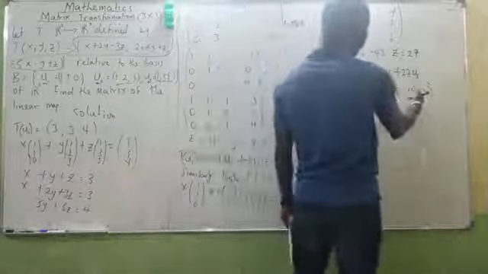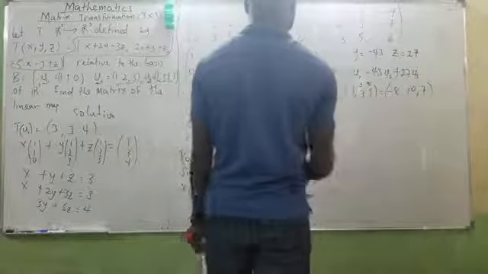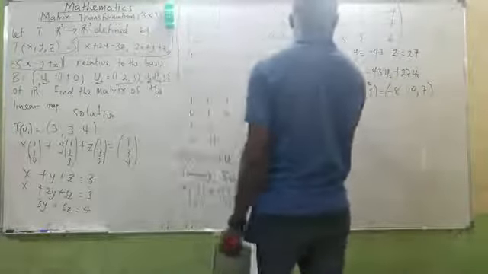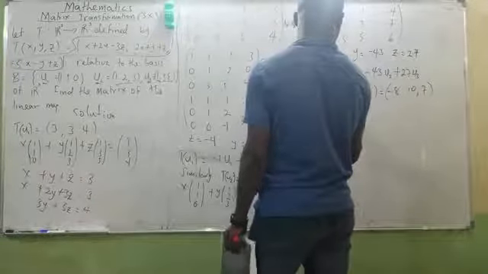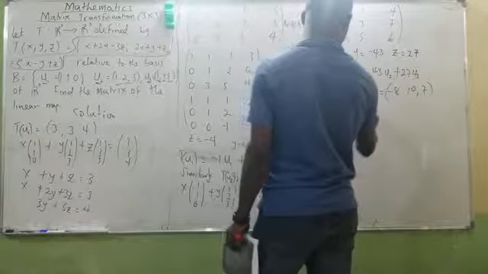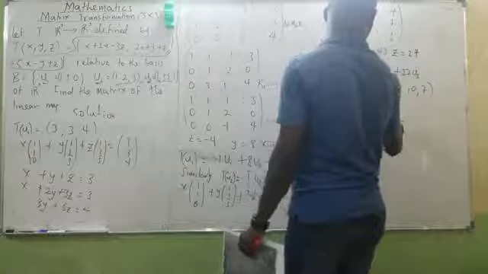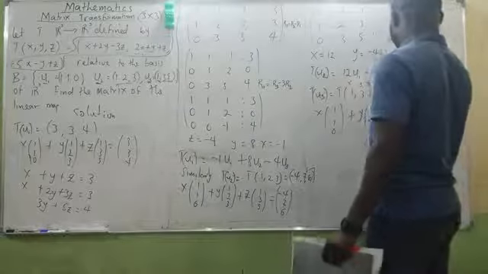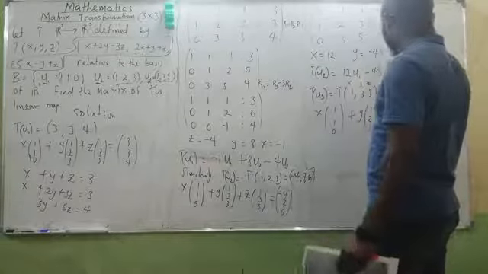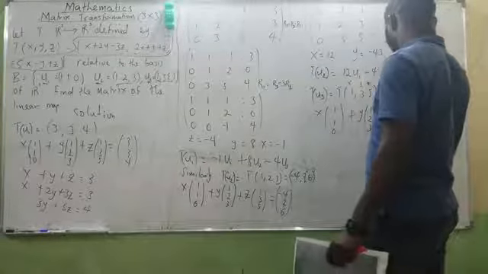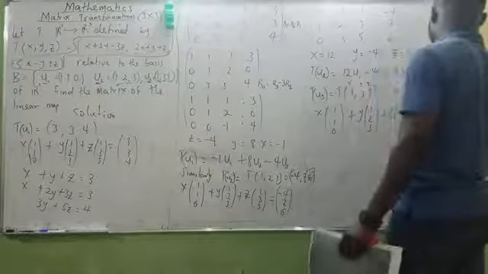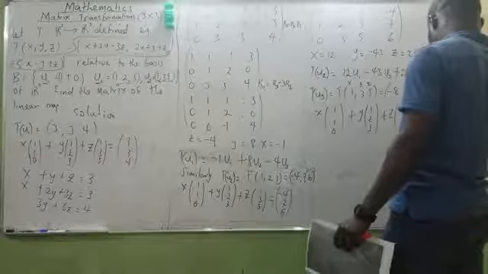This is called pre-image. Now, I will do the same thing, which is going to be x bracket of 1, 1 is 0 plus y bracket of 1, 2, 3 and plus z bracket of 1, 3, 5, which will be equals to minus 8, 10, and 7.